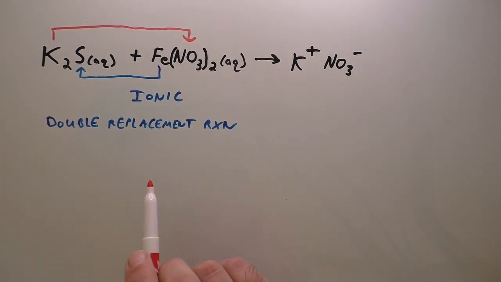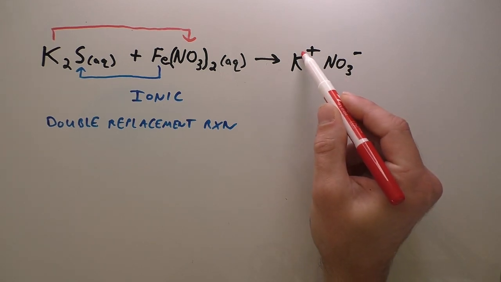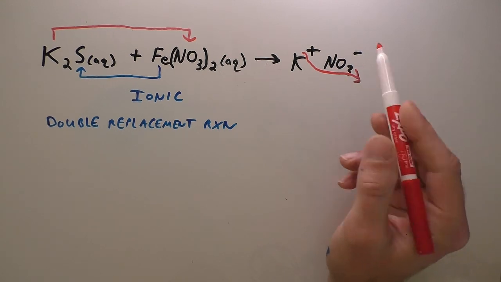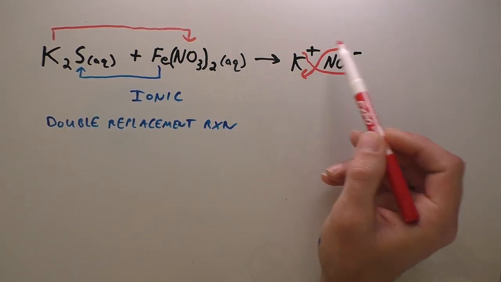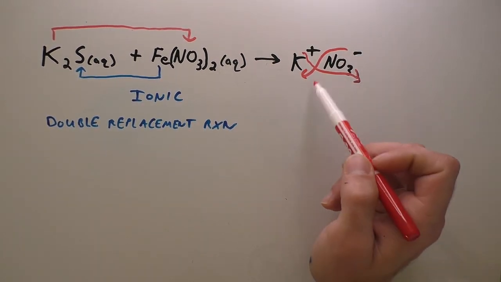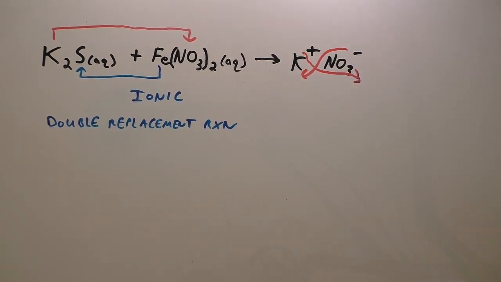And the technique that is the most familiar to people on how to solve a problem like this is called the crossover technique, which involves taking the number of one charge and dragging it down to become the subscript of the other. So in this case, there's an understood 1 in front of each of these, this plus and this minus. So we're going to drag that 1 down to become the subscript of the other ion.